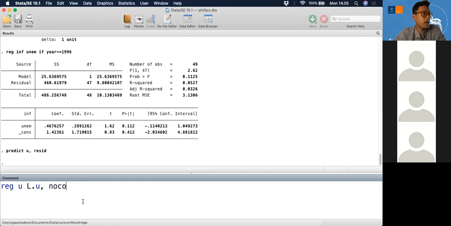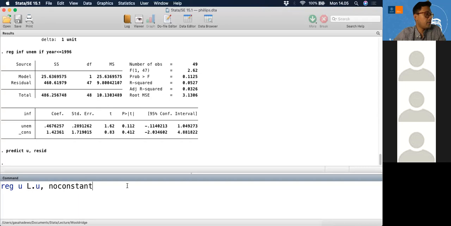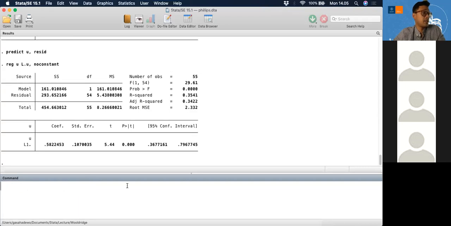However, you have to remember that there's supposed to be no constant in the regression specification. So with this in mind, we can make the regression. If you look at the results of the regression, what do you conclude? Do you conclude that there is no serial correlation, or do you conclude that there is a serial correlation?